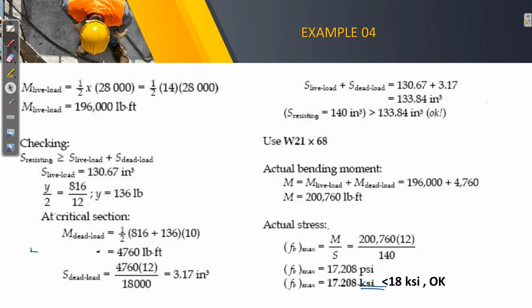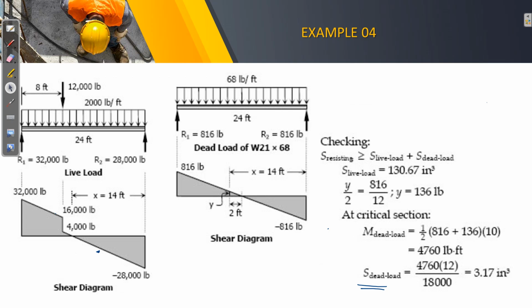So the moment live load is already computed a while ago. The S for the live load is 130 also. And then we consider a critical section. Of course, we will be computing the Y earlier. We computed that Y earlier. Okay. So where's that Y earlier? So here it is.